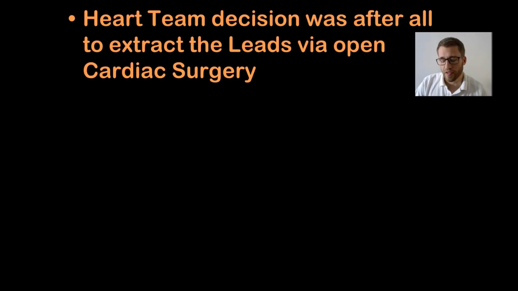Even if a small part of this structure goes loose into the pulmonary arteries, it could cause another, maybe devastating, pulmonary embolism for the patient. That is the reason why they followed our first suggestion to extract these leads by open cardiac surgery.